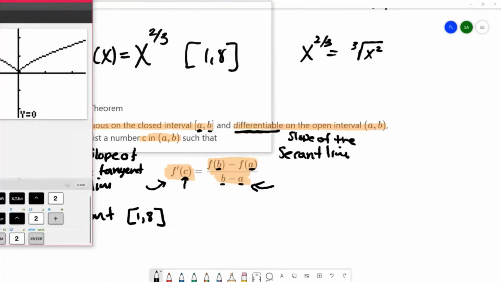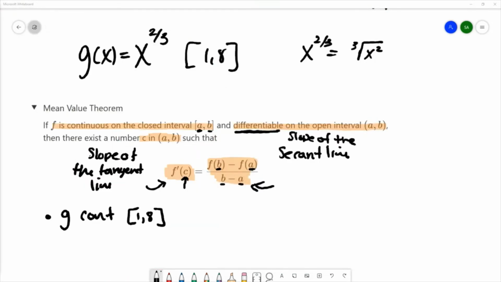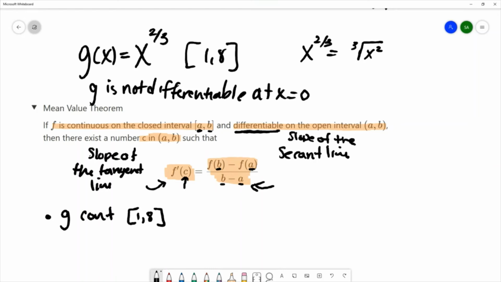So going back to our interval here, what we're saying is that although this function has a spot where it's not differentiable, so let me write that out, g is not differentiable at x equals 0, but our interval is going from 1 to 8, and 0 is not in that interval.